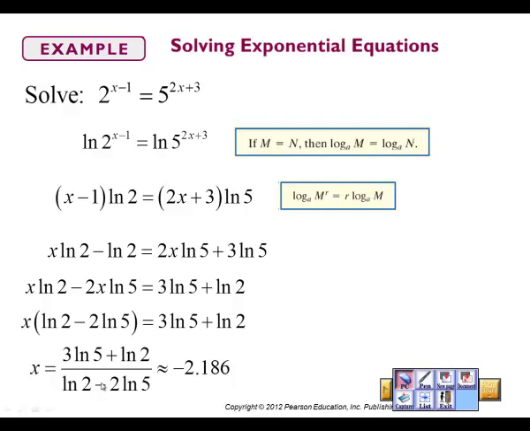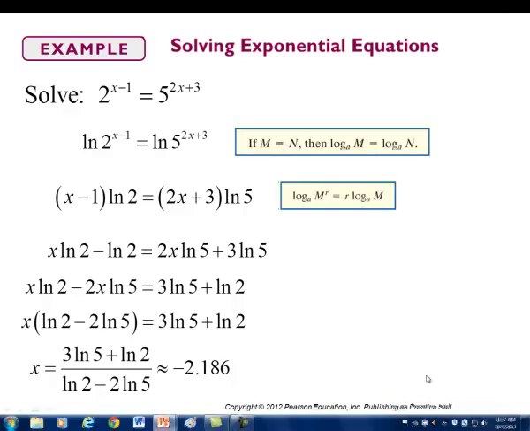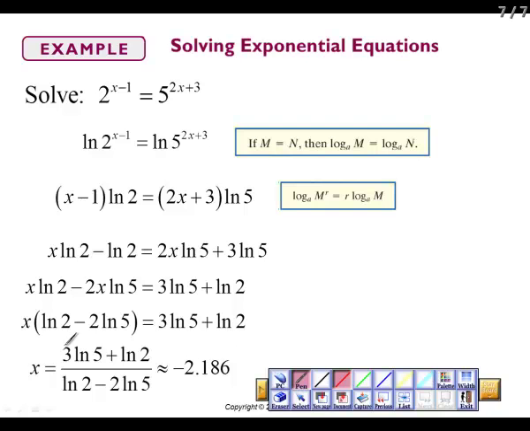Now you can do this, but you have to be careful with this, and you have to close the parentheses. Same thing with the denominator, because if you don't close the parentheses, what the calculator sees is this: 3 natural log 5 plus natural log 2, and then divided by natural log 2 minus 2.